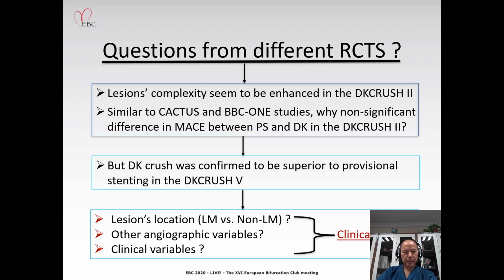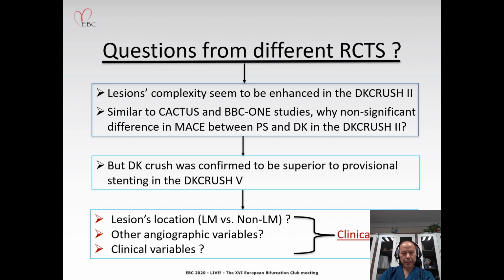However, the question is that even though the DKCRUSH-II study had enhanced lesion complexity, similar to the CACTUS and BBC1 studies, there was no significant difference in terms of MACE between provisional and DK crush. On the other hand, in our DKCRUSH-V study, DK crush was confirmed to be superior to provisional stenting technique.